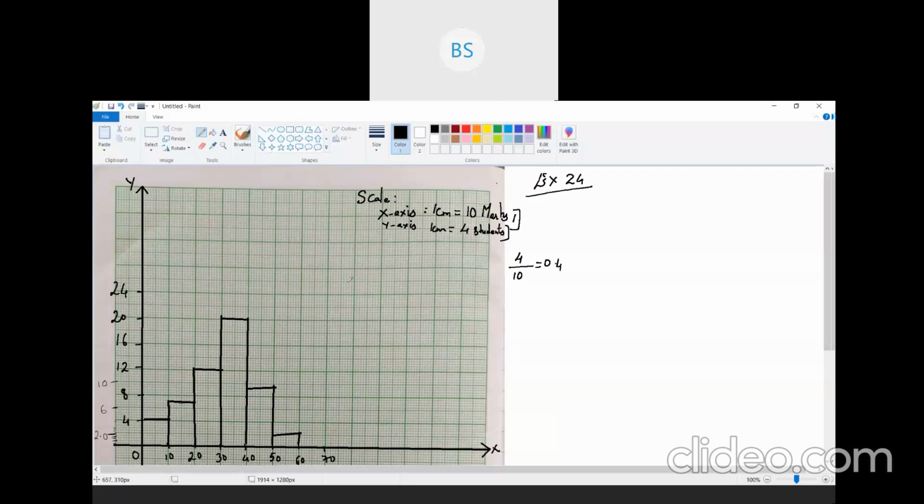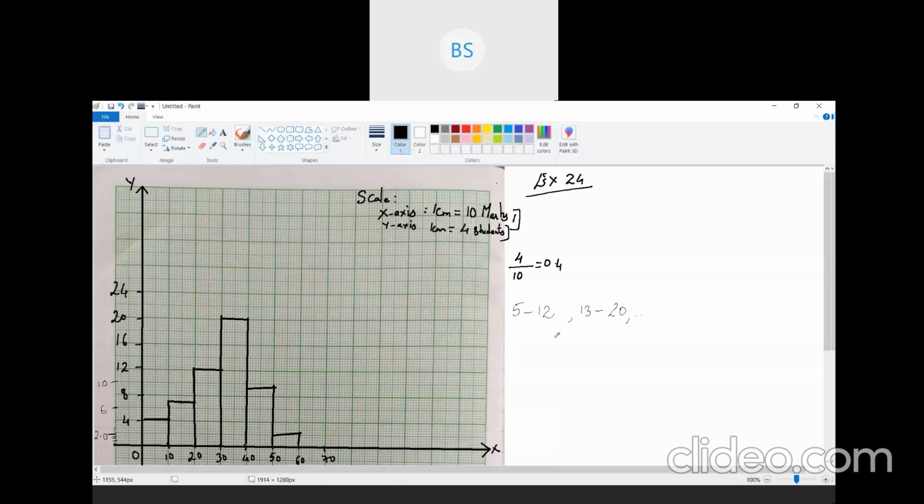So there first we have to make them continuous.